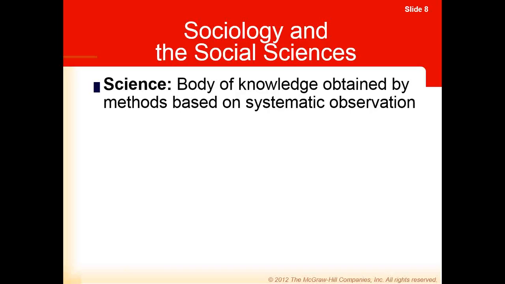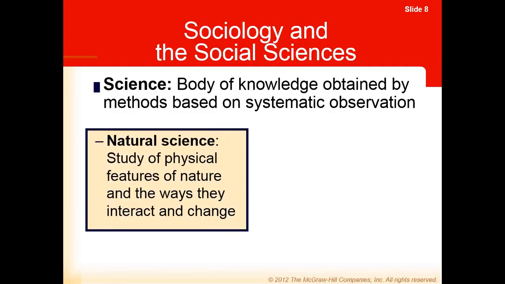Max Weber, another early sociologist, a German sociologist towards the end of the 19th and beginning of the 20th century, said that sociology should be practiced value neutral, value free. We do not make value judgments when we are conducting sociology. So it's based on the models of the scientific method from the natural sciences.